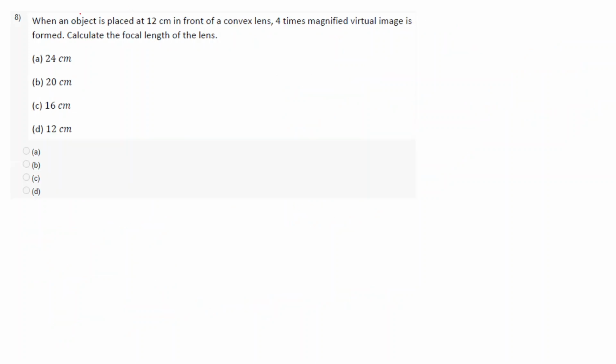Next question is, when an object is placed at 12 centimeter in front of a convex lens. Again a convex lens. Object is placed 12 centimeter. When we are talking about the distance, we take this, okay, the pole is here, right? So from there we are talking about. Object is placed 12 centimeter in front of a convex lens, 4 times magnified virtual image is formed.